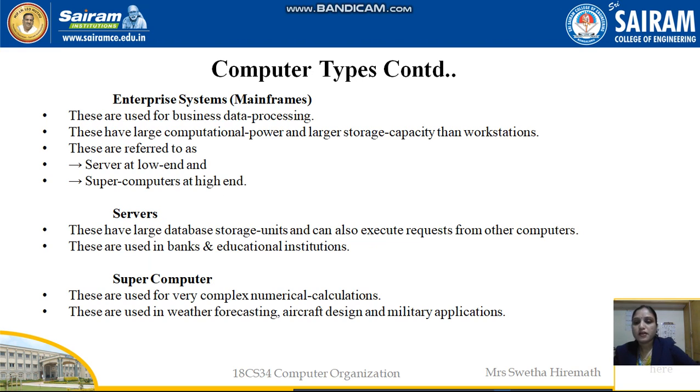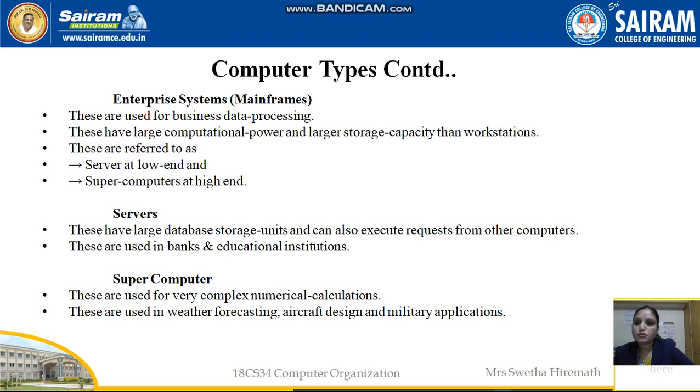Now, fourth type of computers are enterprise systems, also called mainframe computers. These are used for business data processing. Business data processing means it requires more and more storage capacity. So based on the computational power and larger storage capacities than the workstations, these computers are referred to as the mainframe computers.